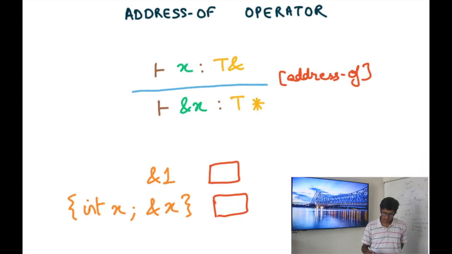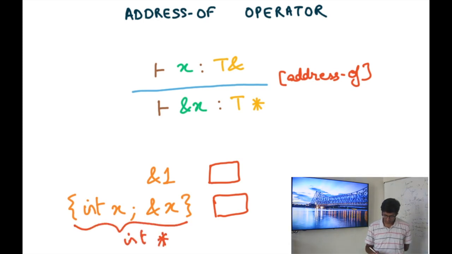Okay, now here's another rule for the address-of operator, which is the ampersand operator found commonly in C and C++. So if it is true that x is a reference type T&, then address of x, or &x in the programming language syntax, is of type T*, the pointer type to T. So for example, if x was a reference type int&, then &x would be of type int*.